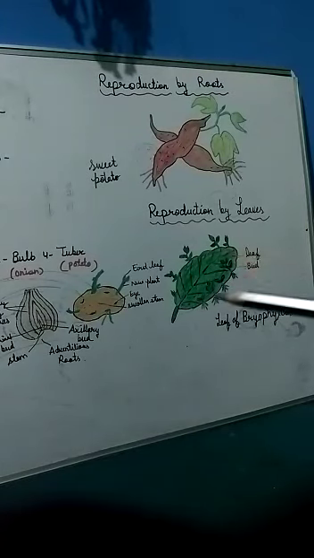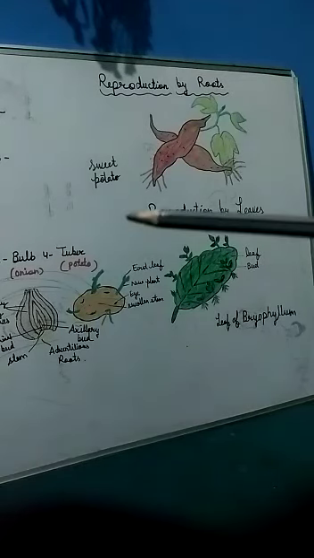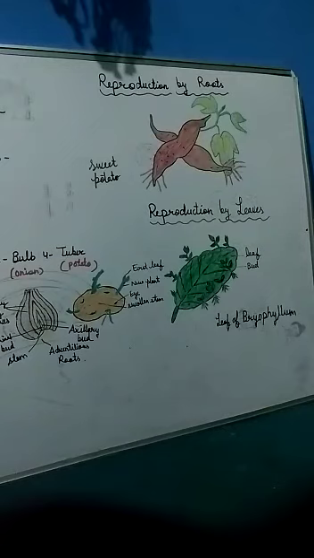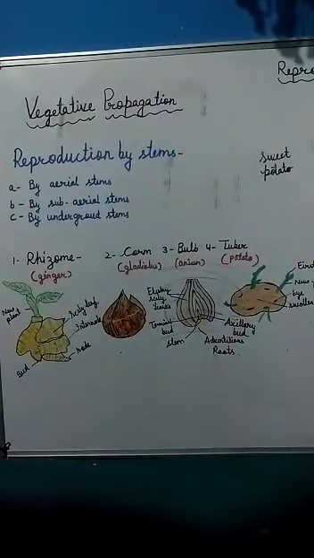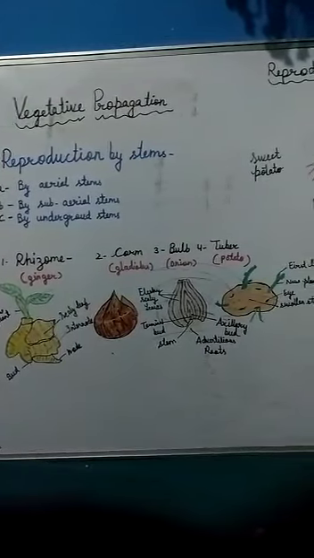One more plant is begonia, which also reproduces by vegetative propagation through its leaves. It also has buds on its margin, which grow into new plants when the leaves fall on the ground. So these are all the different methods of reproduction in plants, and these are the parts of vegetative propagation in plants.